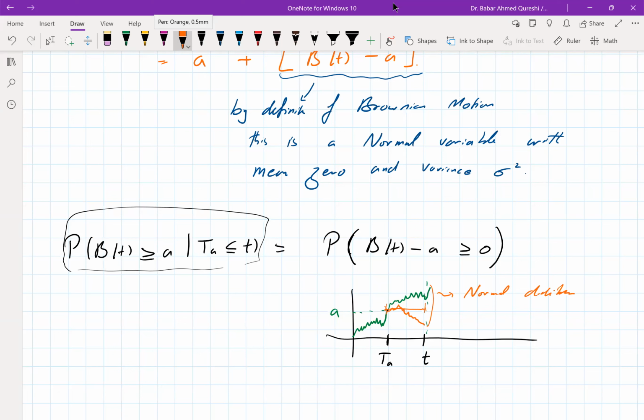And since a normal distribution is symmetric around its mean, and I know that the mean has to be zero by the definition of Brownian motion, I have equal probability of being above A or below A. So this probability has to be half.